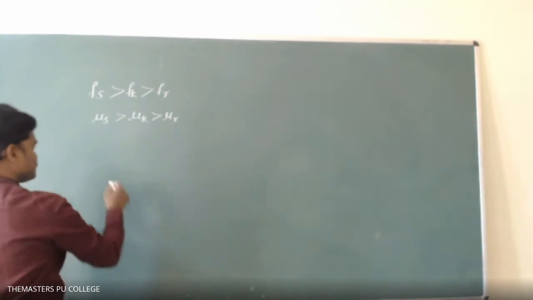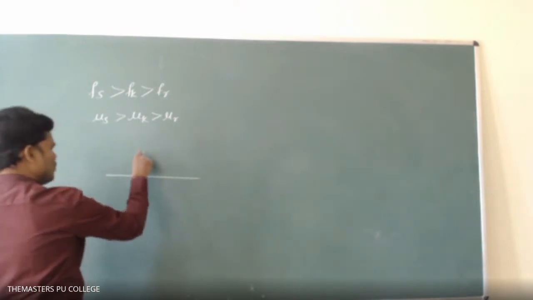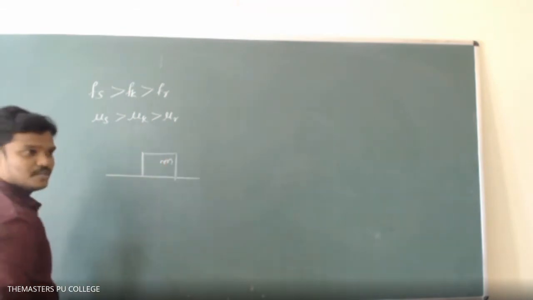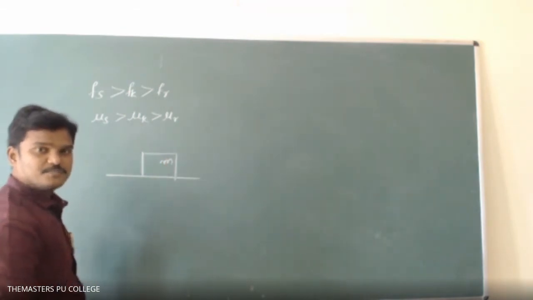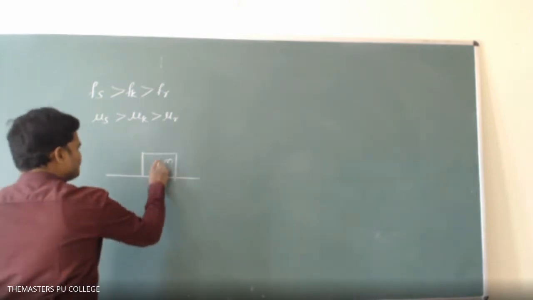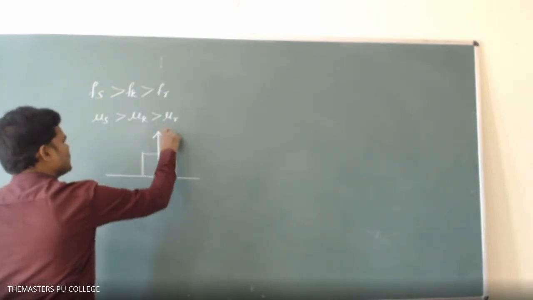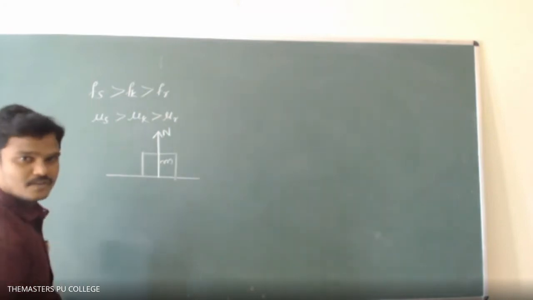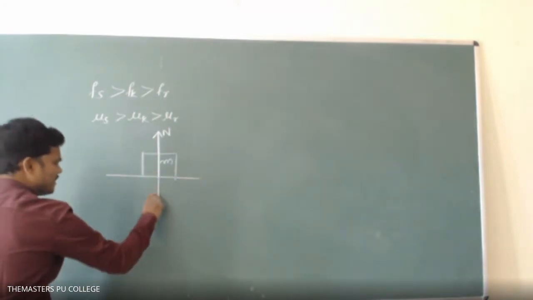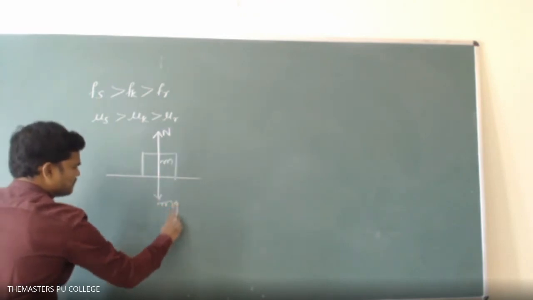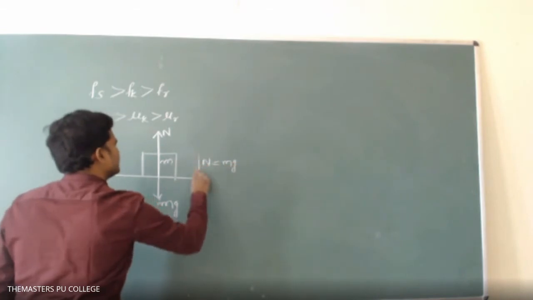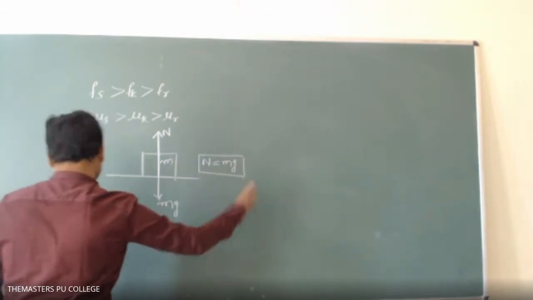Suppose there is a block of mass m placed on a horizontal surface. Then normal reaction will act perpendicular to the contact surface. This is balanced by what? Mg. So N is balanced by mg.